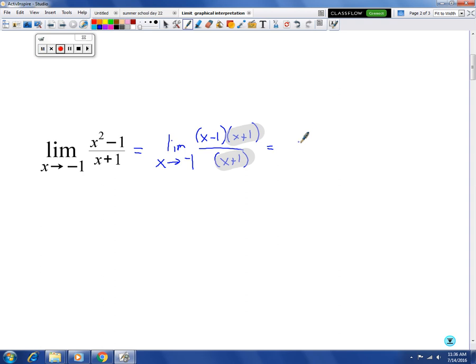So if we keep going, I'll say the limit as x approaches negative 1 of the function x minus 1. Now when I substitute the negative 1 into this function, I have negative 1 minus 1. So my answer for that limit is negative 2.